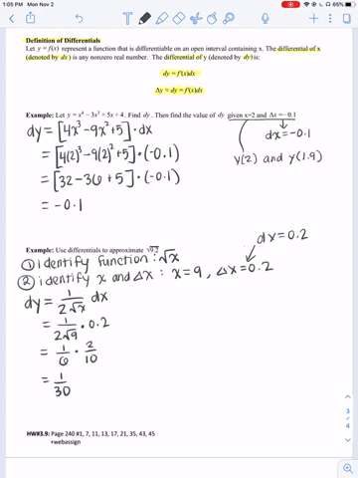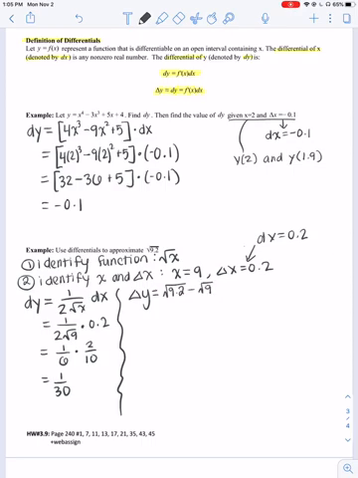Okay, so now we weren't asked to find dy. We were asked to approximate square root of 9.2. So this is how I would recommend, or you can think about this in lots of different ways. How I think about it is the actual delta y would be square root of 9.2 minus square root of 9.